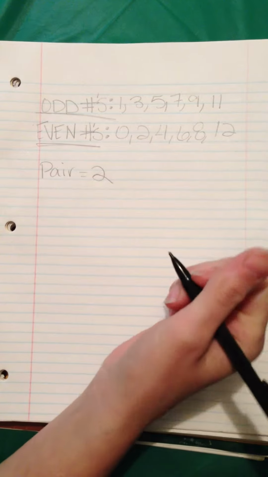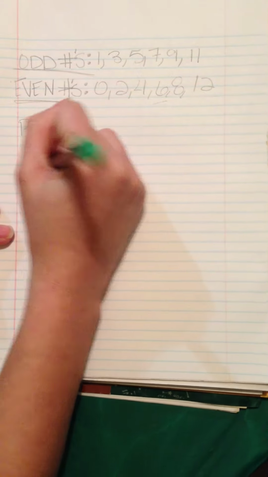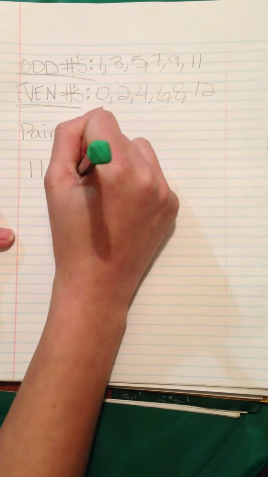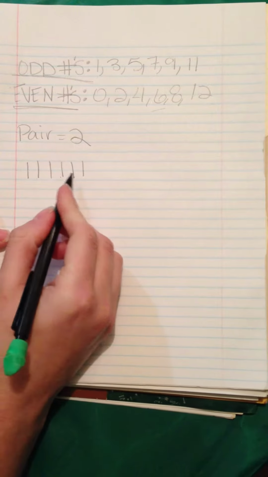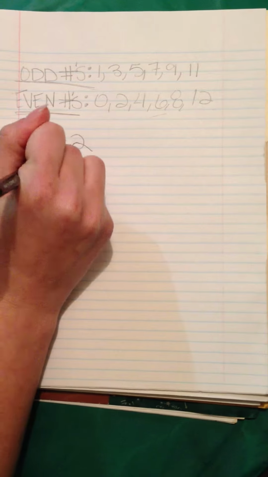So I'm going to see how many pairs I get with a random even number. Let's pick the number 6. So here are 6 sticks. 1, 2, 3, 4, 5, 6. And let's pair them up.